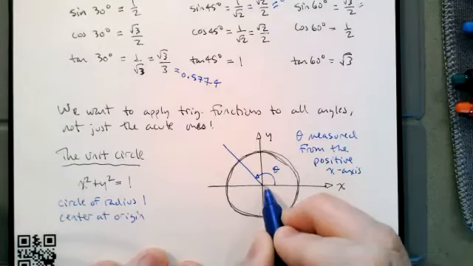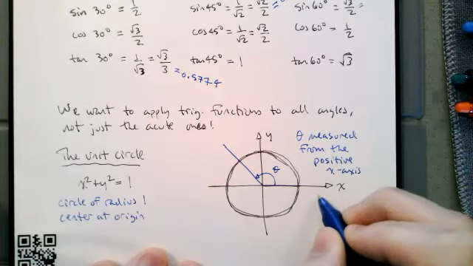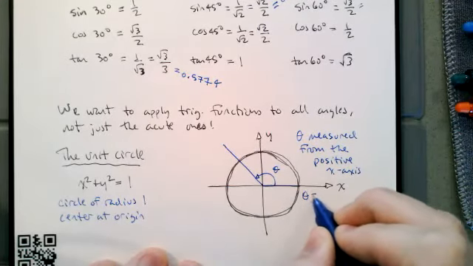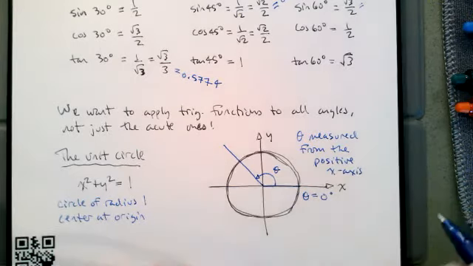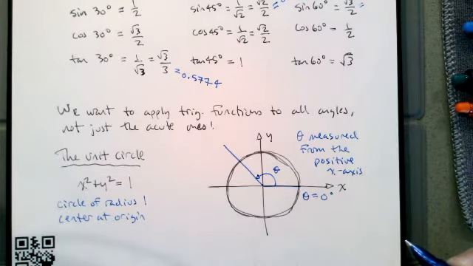So here on the x-axis, that's where theta is equal to 0 degrees. Counterclockwise is the positive direction.